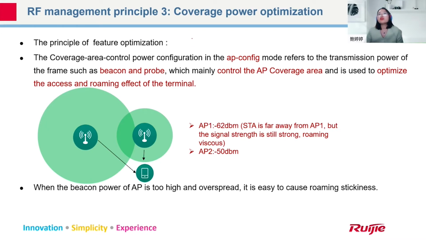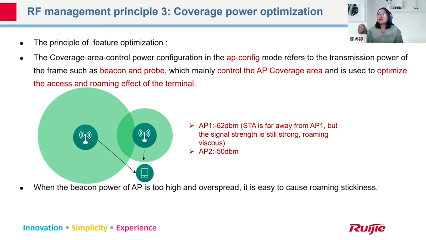When the AP sends out the beacon and probe message to the station, the station can know the signal strength of this AP in these places.